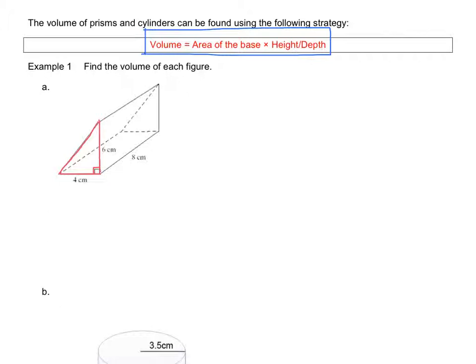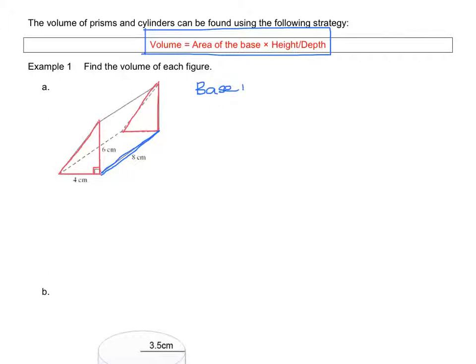So one of those triangles has to be the base, and it doesn't really matter which one. That's why I've said we're multiplying by the height or the depth, because in this case it makes a little more sense to consider this side here to be the depth.